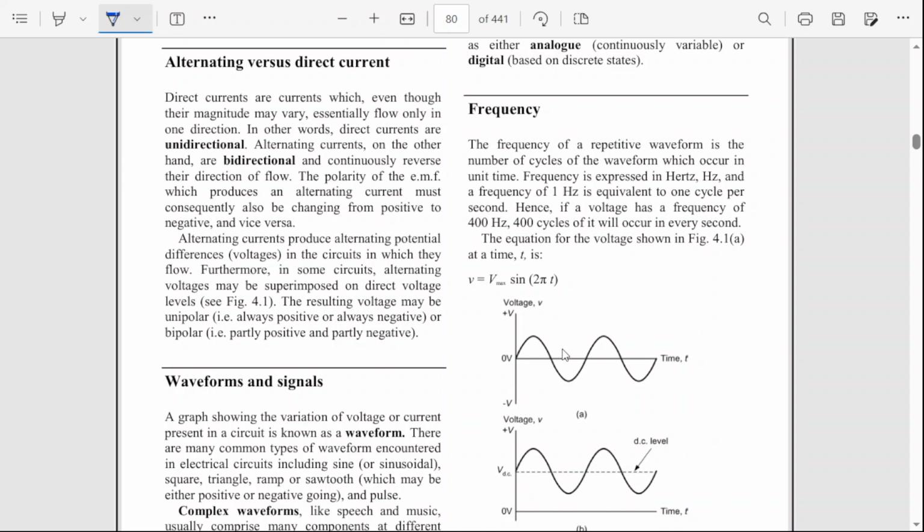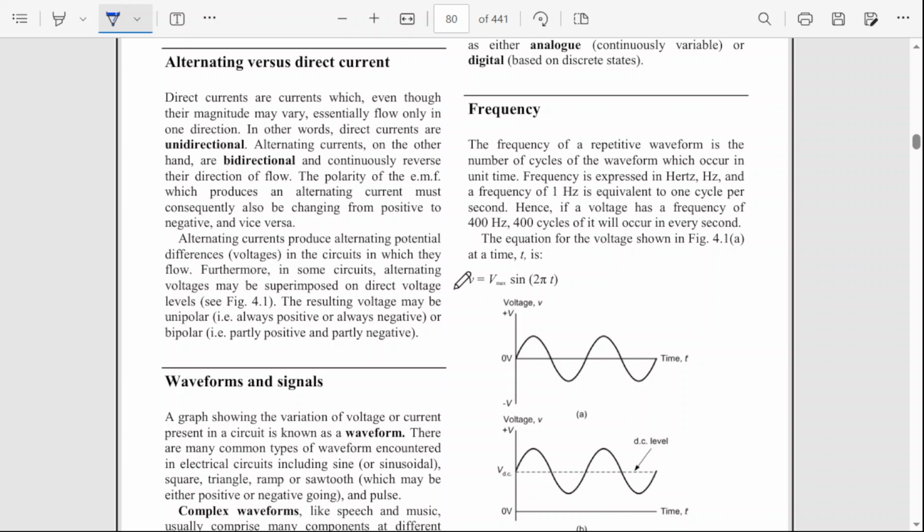All right, so let's continue reading. It says waveforms and signals. A graph showing the variation of voltage or current present in a circuit is known as a waveform. There are many common types of waveform encountered in electronic circuits, including sine or sinusoidal wave, square, triangle, ramp, sawtooth, which might be either positive or negative.